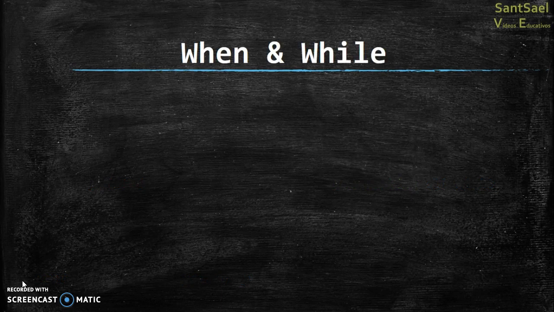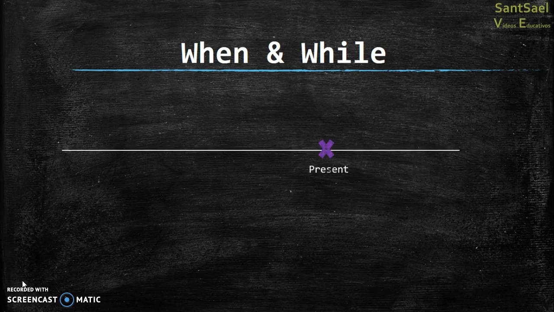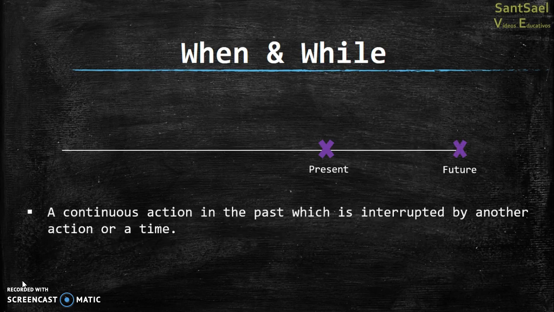When we want to use these two tenses in the same sentence, we have to take into account some aspects. If we have a line of time and we have a present, we have future, these two tenses are past, so they are going to be in the past. What is the difference between them? One of them is a continuous action in the past, and the other one is the action that interrupts the other action.